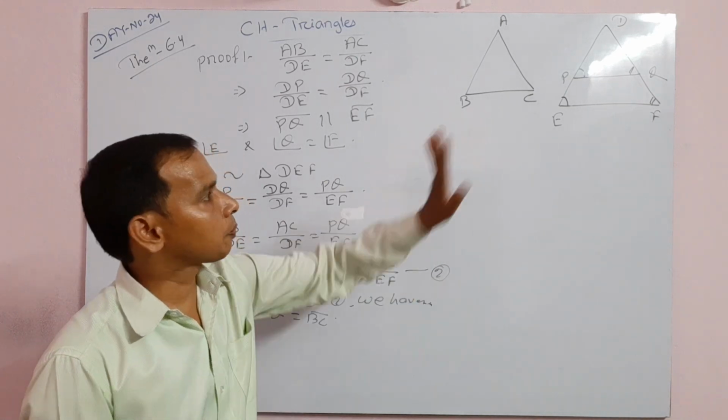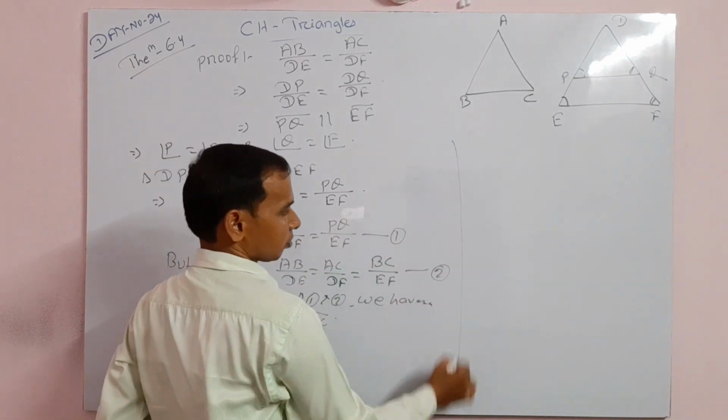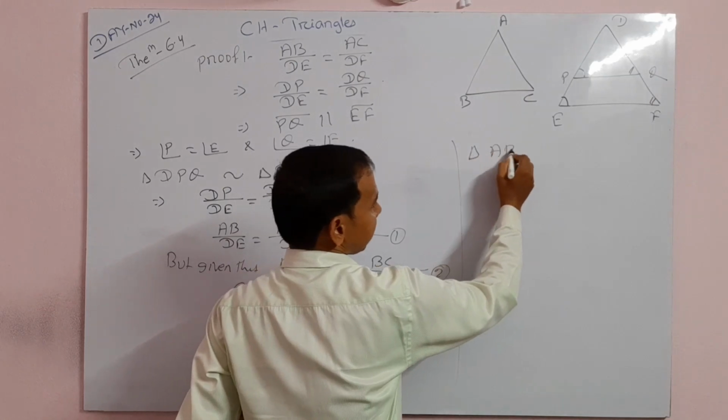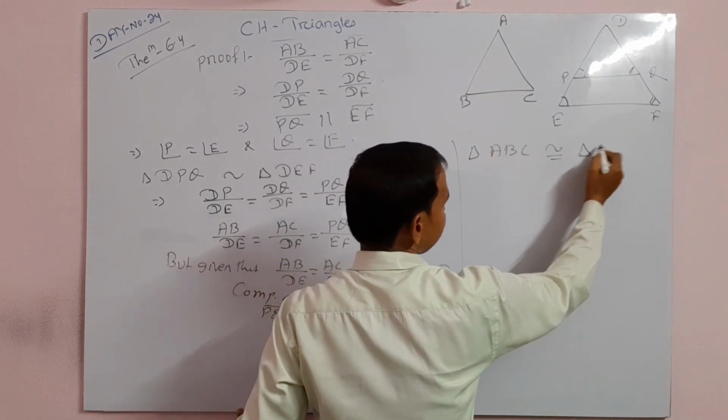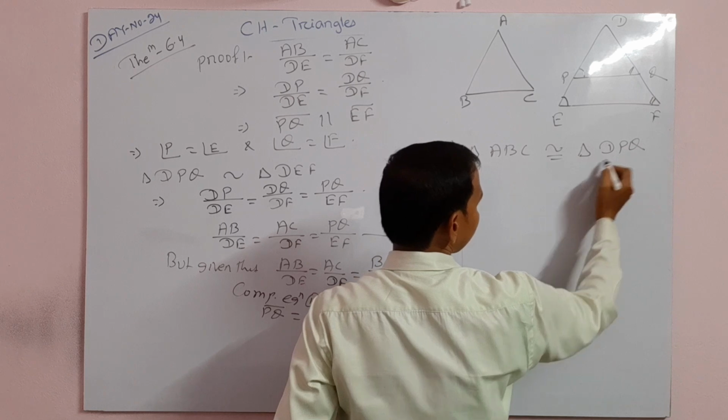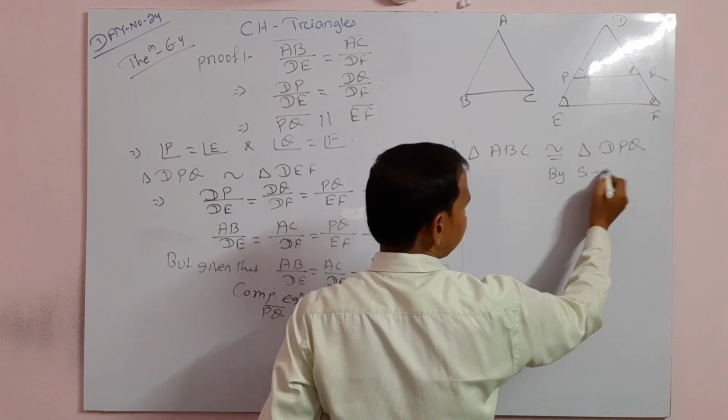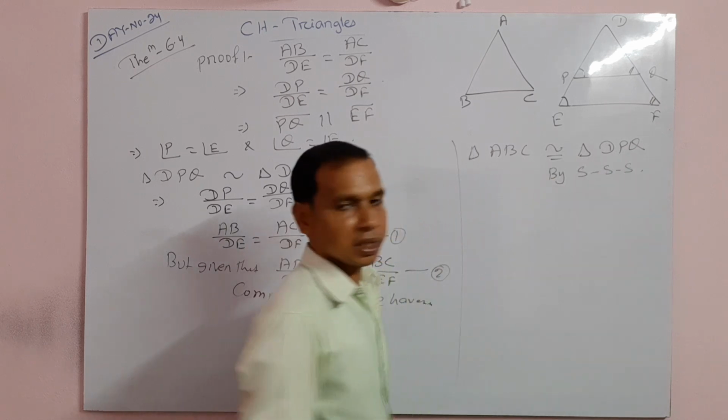Confirm this. As PQ equals BC, triangle ABC is congruent with triangle DPQ by the side congruence criteria.